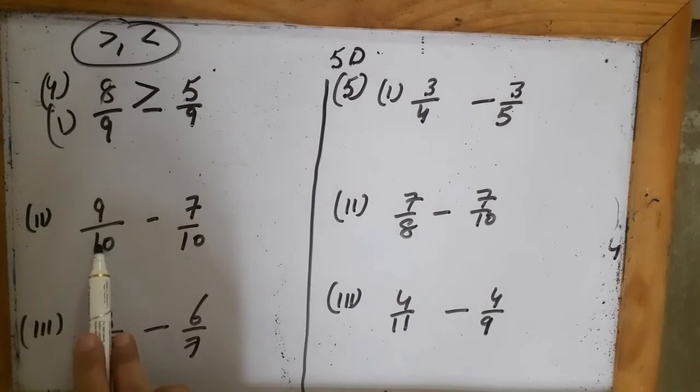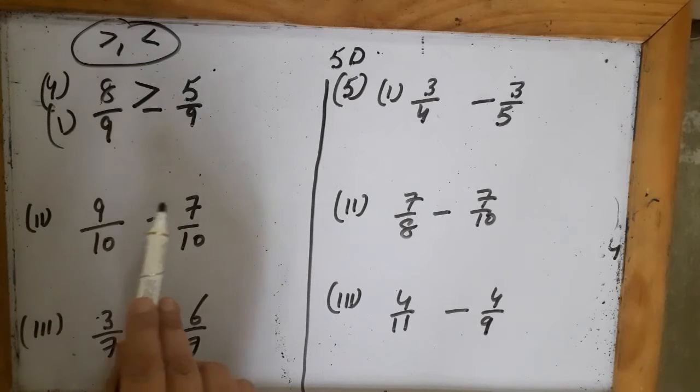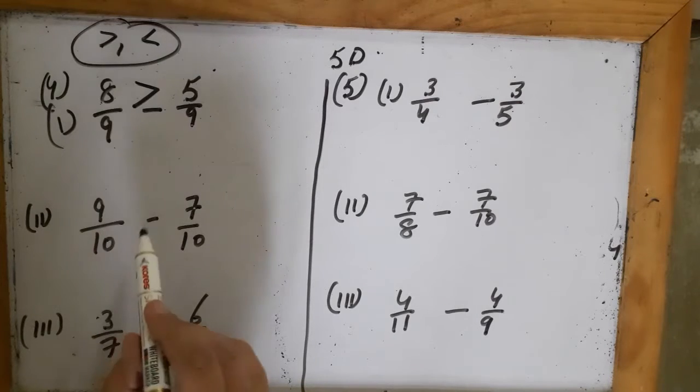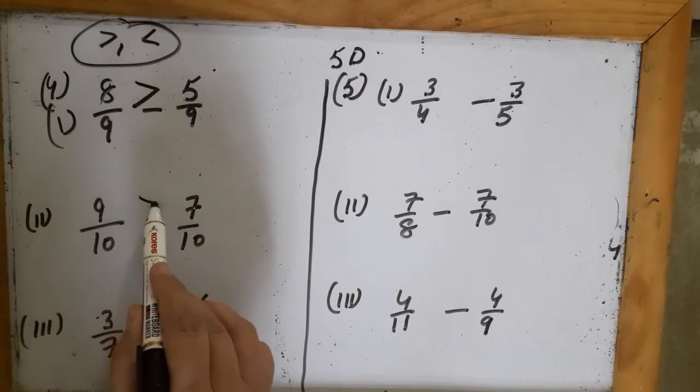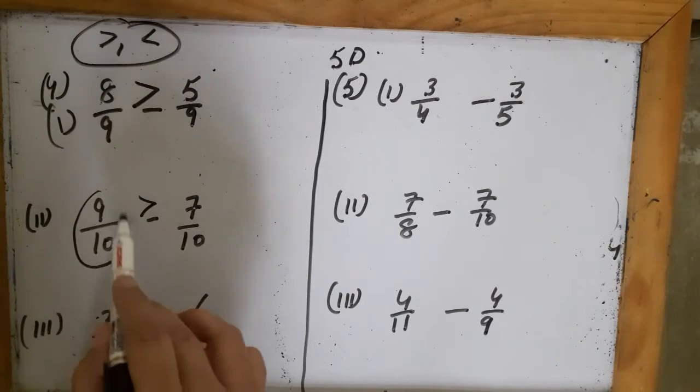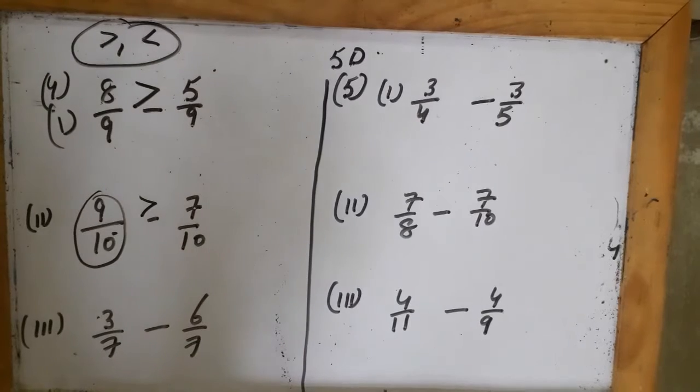So when the denominators are same, we look at the numerators, and the larger numerator makes the larger fraction. So 9 is bigger than 7, so this fraction is bigger than this fraction.